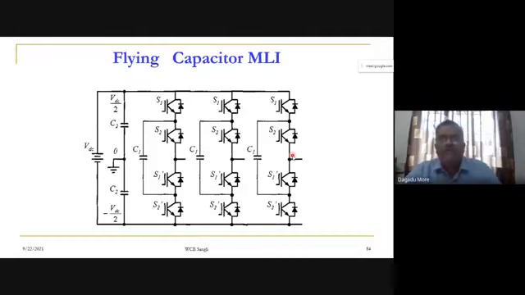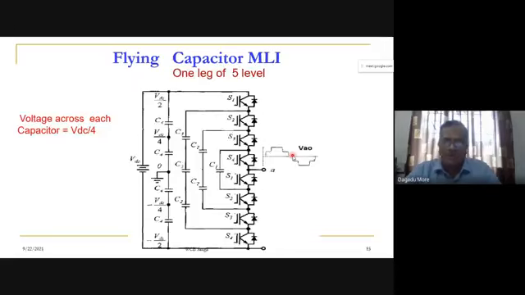Next, we can go for a 5 level. So this is our configuration. We have shown it for 5 level. We have seen the symmetry of this particular circuit. Here we are having 5 levels, so the DC we have to divide into 4 equal parts, and so we require 4 capacitors.